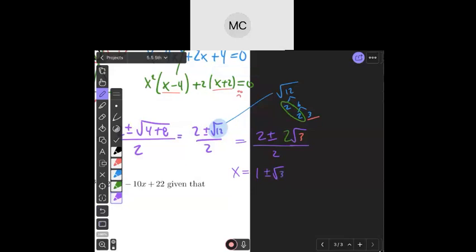So as far as what the computer is going to want from you, you're going to say like x equals, what was our first number? 2, that's right. We took out a 2, then we took out another 2, and then we took out a 1 plus, or then the other answer was 1 plus square root of 3, and 1 minus square root of 3.